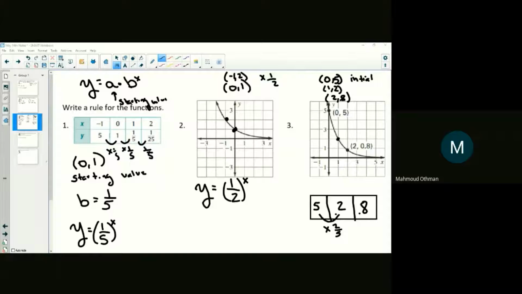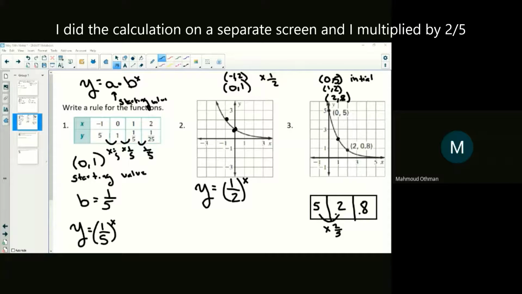Yeah. 5 times 2 divided by 5, times 2 divided by 5. Yeah. And I have to do the same thing.